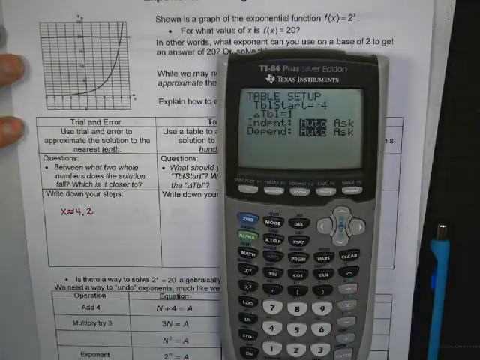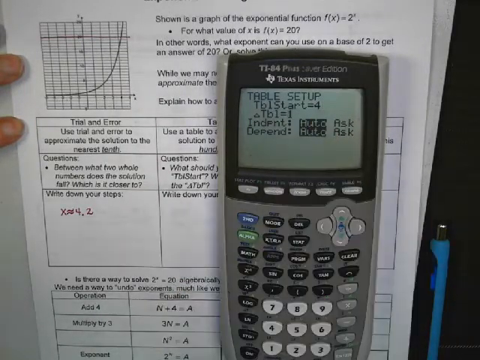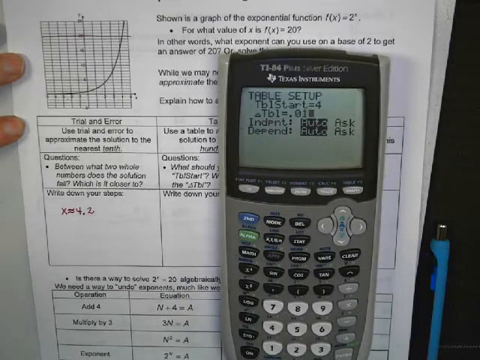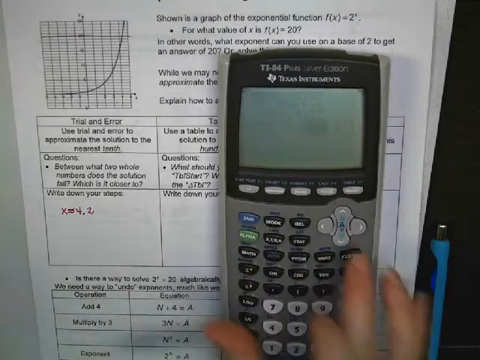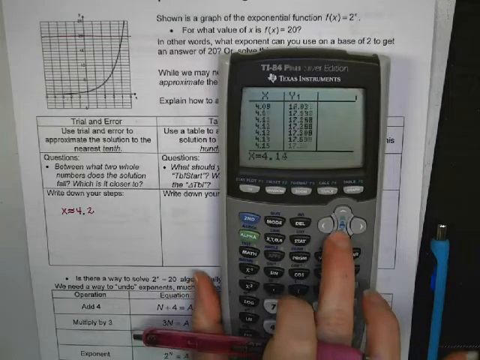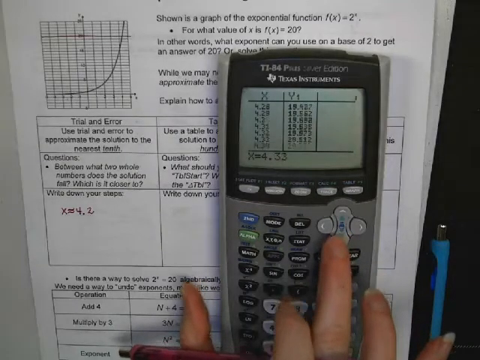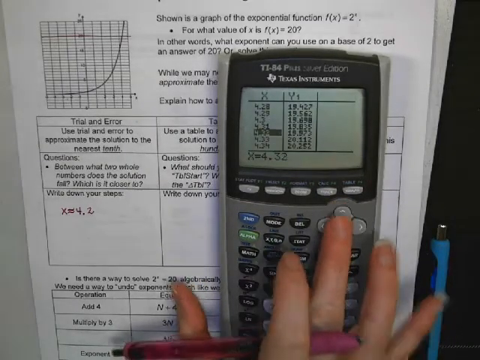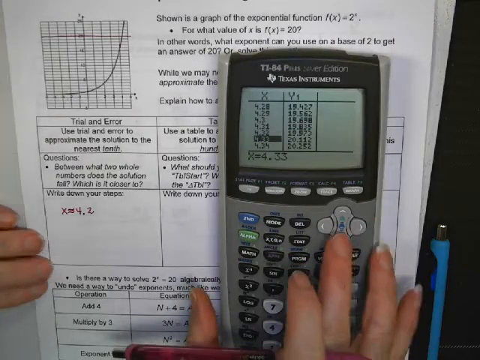I know it's around 4, so I'm going to start at 4, and change my delta table to count by 0.01. That way when I go to my table, I'll have 2 decimal places. All right, there's 4, and I'm going to scroll until it hits 20. So right there, 4.32 is 19.97, and then 4.33 is 20.11.